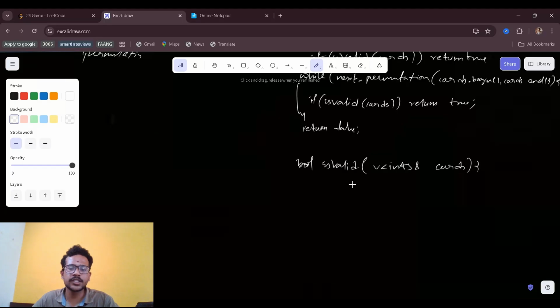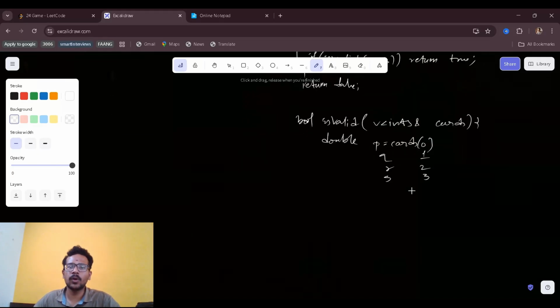First thing, I am changing it to double so that I get values which can be calculated, with fractional parts like 0.00 or something like that, so that we can return true at the end. So double P is equal to cards of 0, Q is equal to cards of 1, R is equal to cards of 2, S is equal to cards of 3. Now I have PQRS.